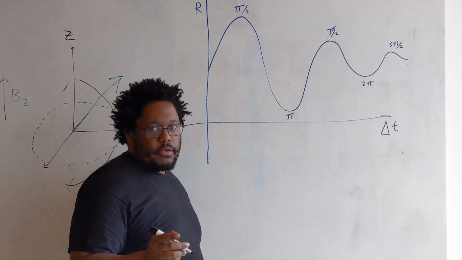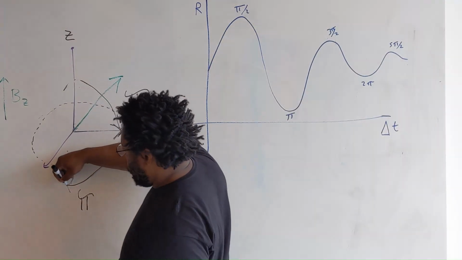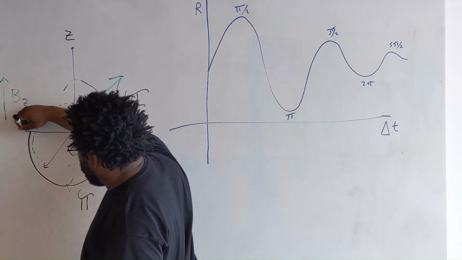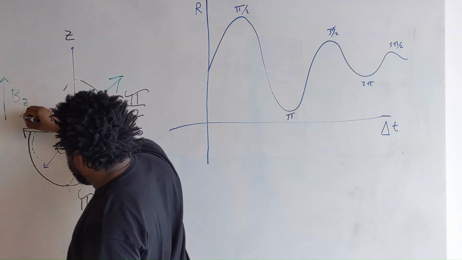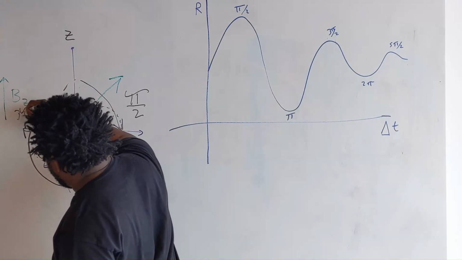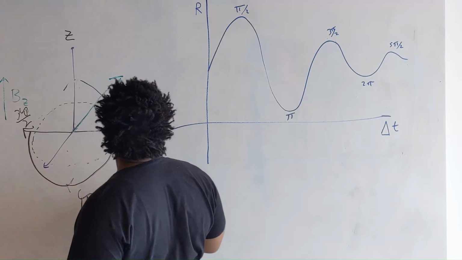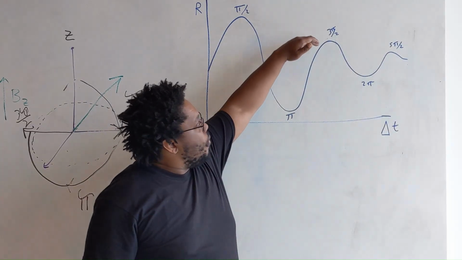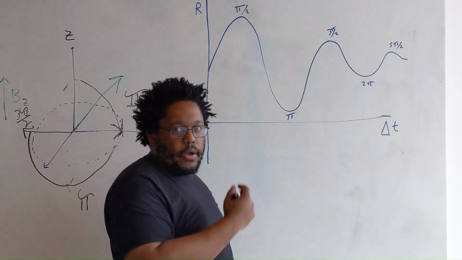Whereas if we continue to rotate here to 3 pi over 2, we again are at the top of our trough.